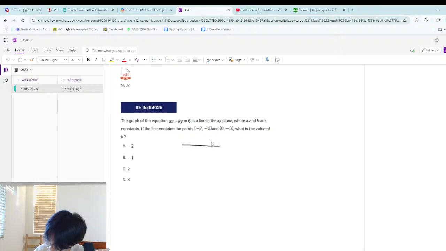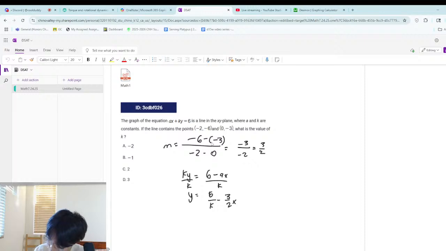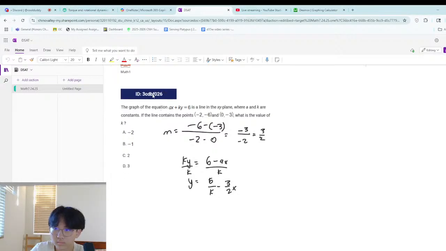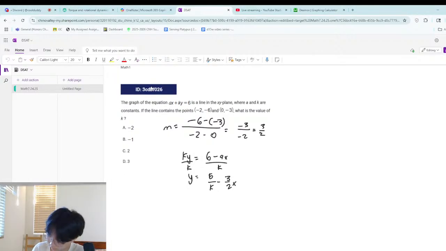All right, Darren, can you write it down? Just substitute in -2 and -6. So you should get a, and then substituting in the x, -2, and then plus k, and then substitute in the y, so -3 equals 6.